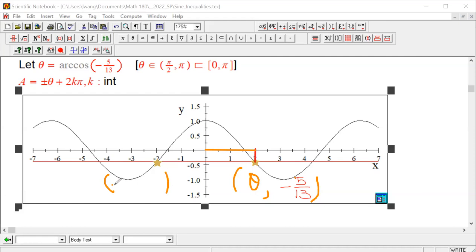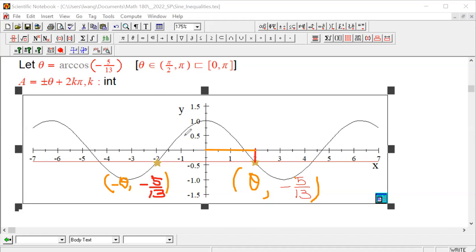So this point is a negative theta, and the red number is -5/13. And from this point, you add 2 pi, you get here. And you subtract 2 pi, you get there. So you keep adding 2 pi, you get all the solutions you need.